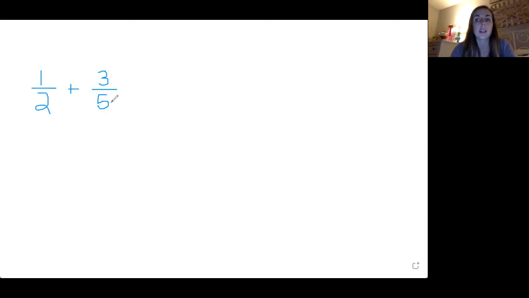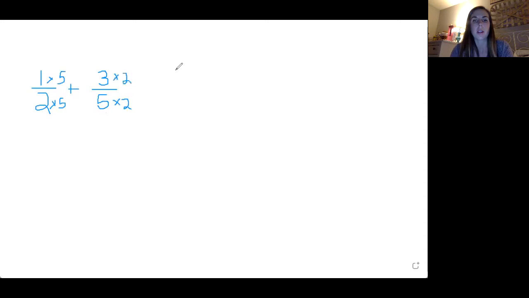Luckily, these are pretty easy. A 2 can be turned to a 10 by multiplying by 5, so I'm going to multiply the top by 5 as well. And this one can be turned into a 10 by multiplying by 2.